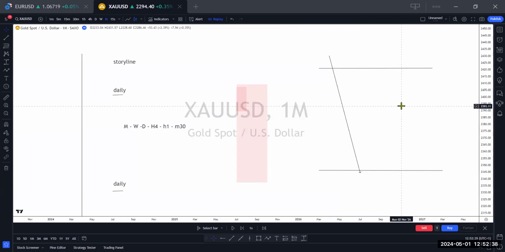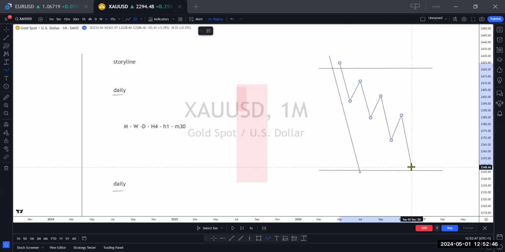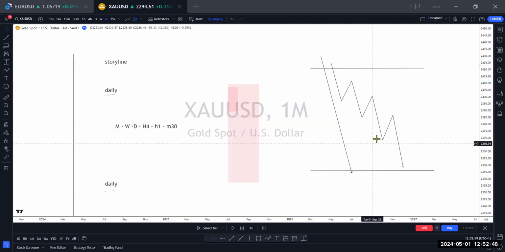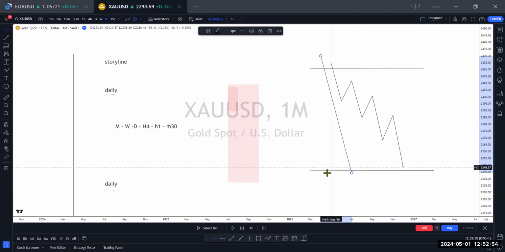But when you go to the H4, you're going to see something like this. This is H4, this is daily. Daily is just going to form a singular candle, tap. For H4, it's going to form all the internal details, all the retracements.